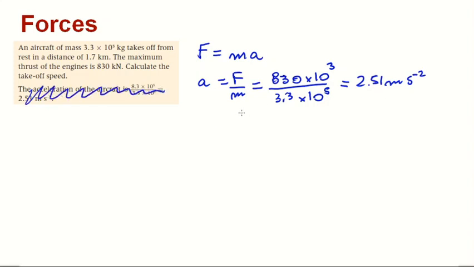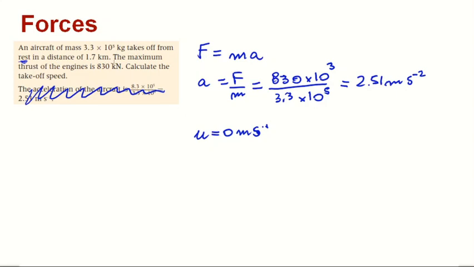Now we know the acceleration, and we want to find the final speed. So the aircraft takes off from rest, so we know that our initial speed is 0. And now that we know our acceleration, we can find our final speed.